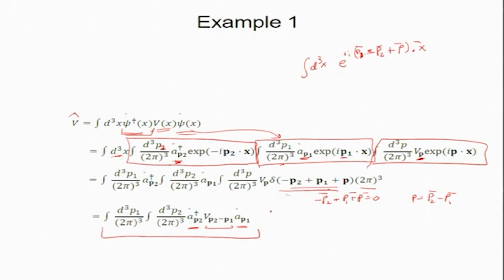Of course, imagine that I act V on a number operator state psi. Psi will have some number of particles, like 3 particles, or 2 particles if it is bosons.